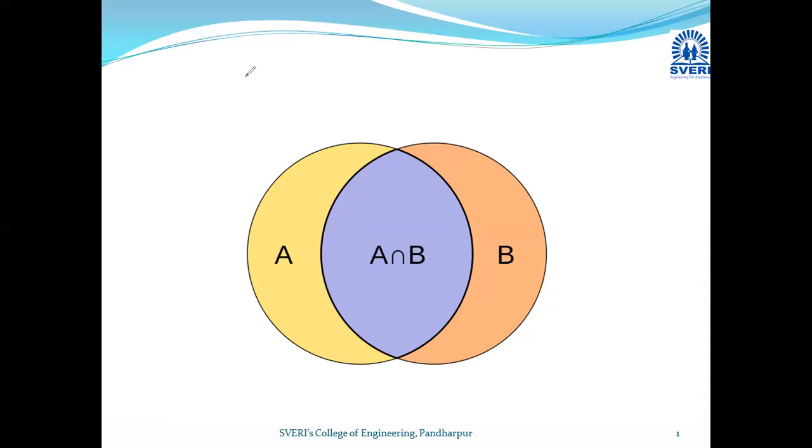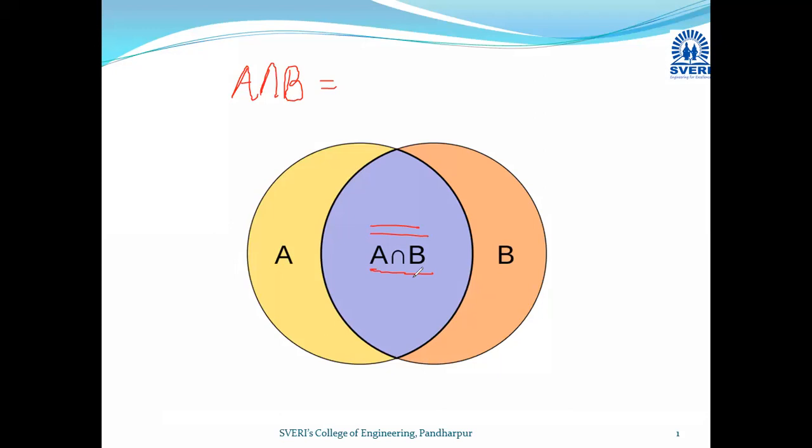Look at this. A intersection B means here we have a set of A and a set of B. Out of these A and B, what are the common things? We include those in A intersection B.